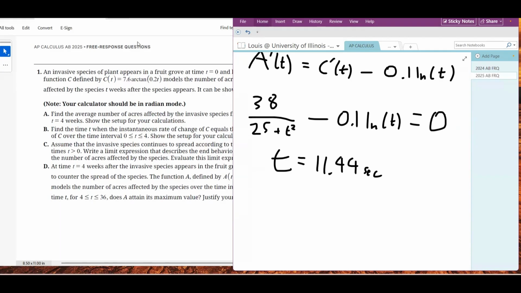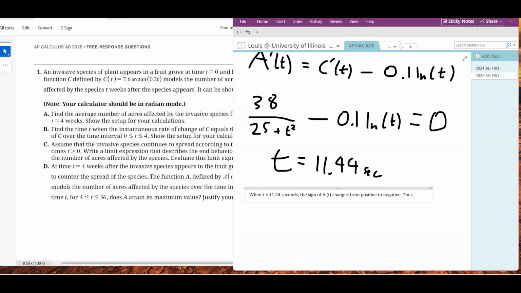Also, if you want to explain what this means, I'll say that when t is equal to 11.44, the sign of a prime of t changes from positive to negative.